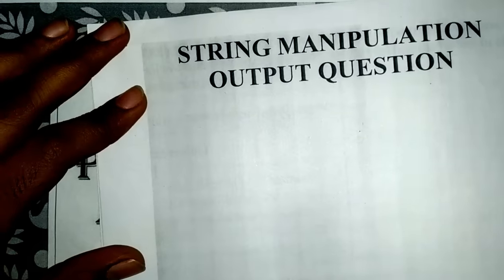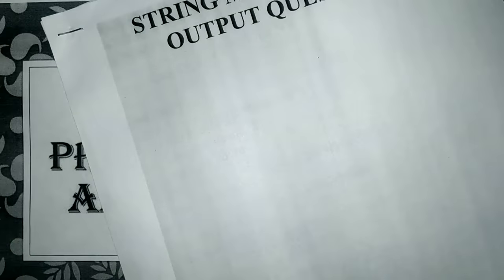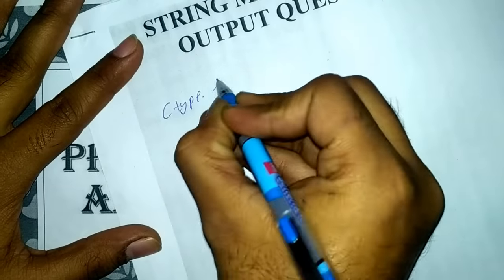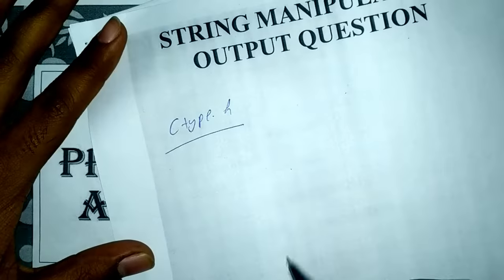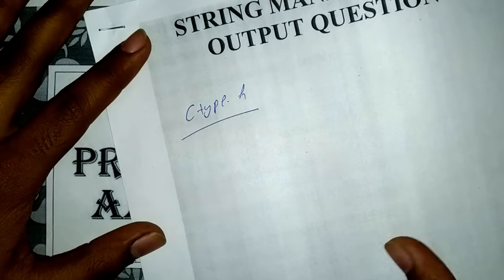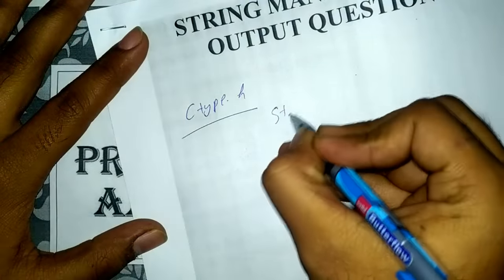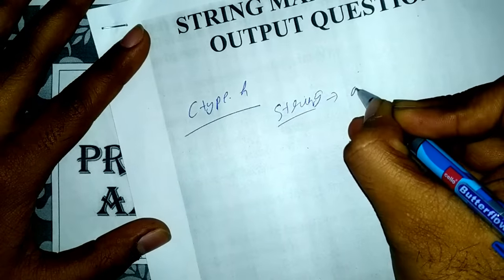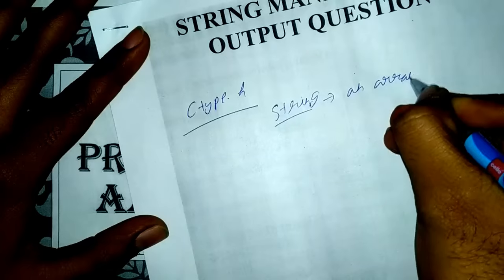or some functions. So we have a special header file called ctype.h to handle string related functions, or basically character related functions. A string is an array of characters.